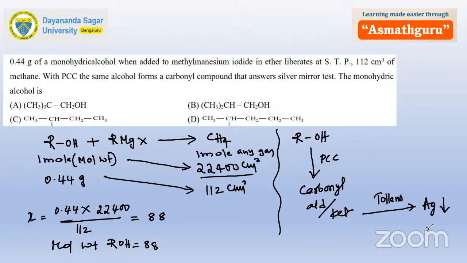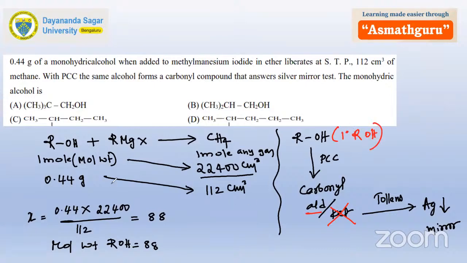This is what we call the silver mirror. And we know that the silver mirror is not given by ketone. It is given only by aldehyde. Ketones will not give it. Then if you have to get aldehyde, the alcohol should be a primary alcohol. So this is one clue.